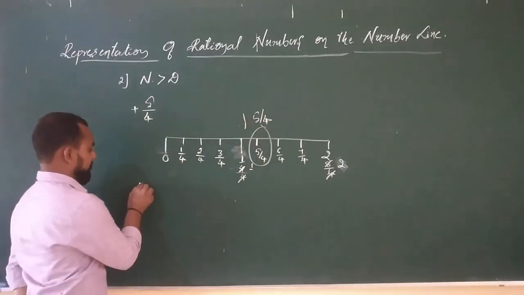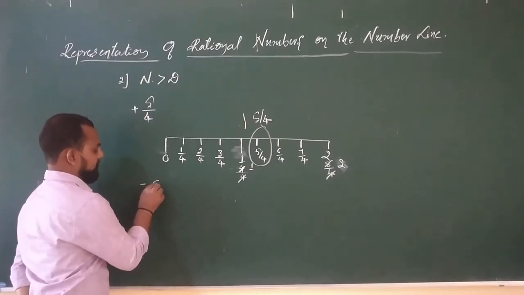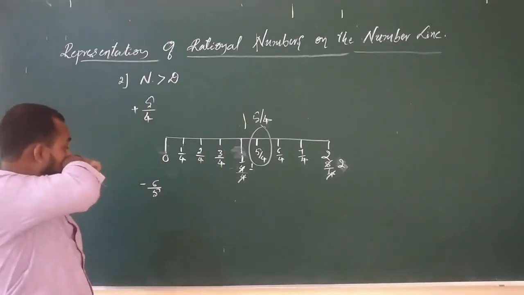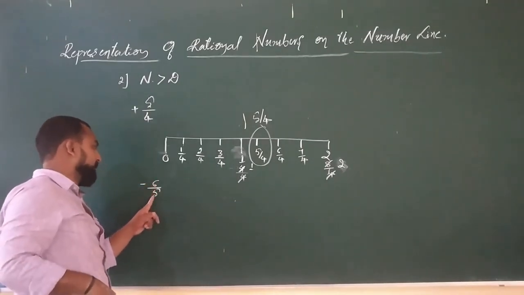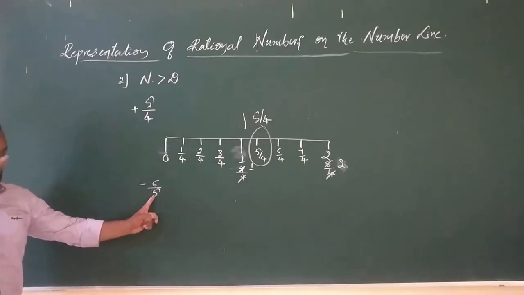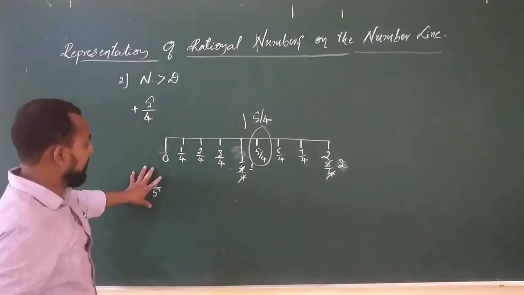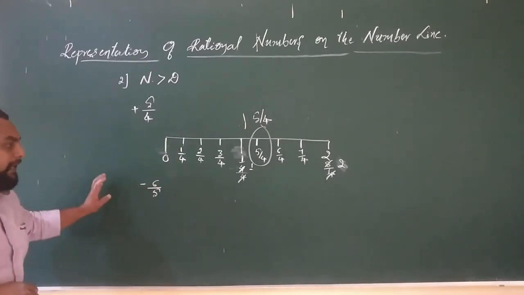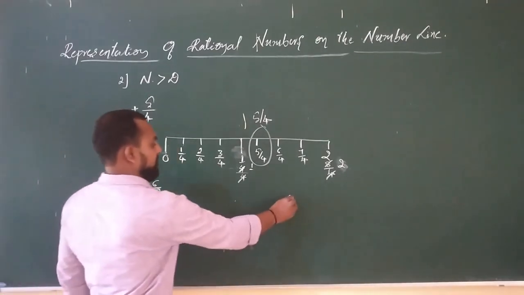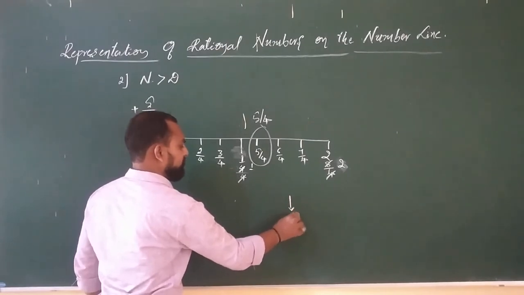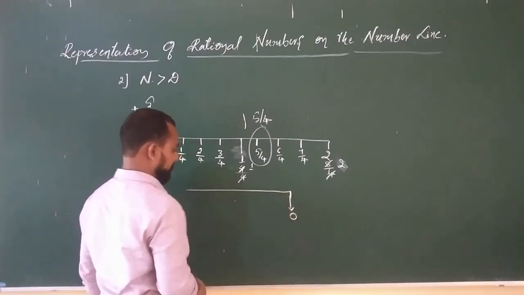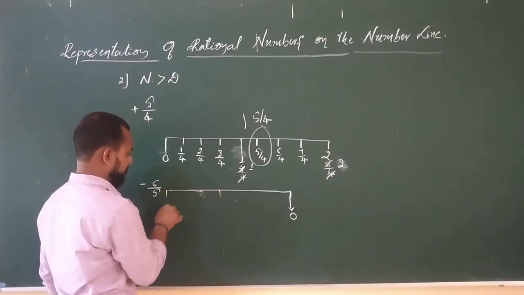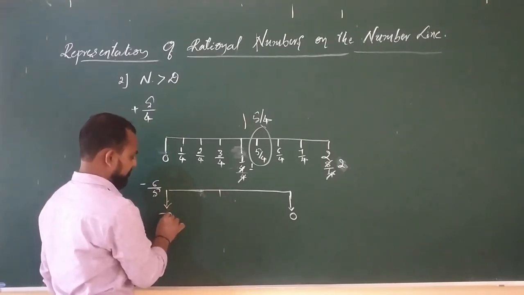Take minus 6 by 5. Again, the numerator is greater than the denominator. This is a negative rational number, towards the left side of 0. Here is 0, then this one is minus 1 and this one minus 2.